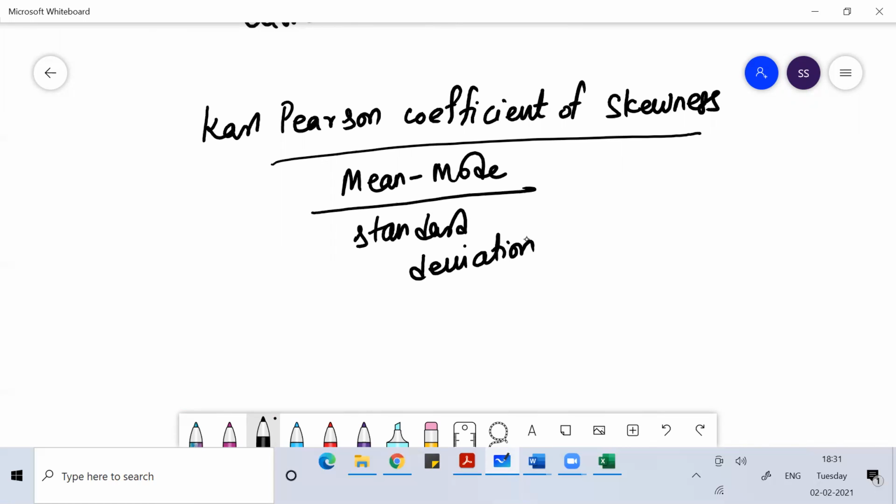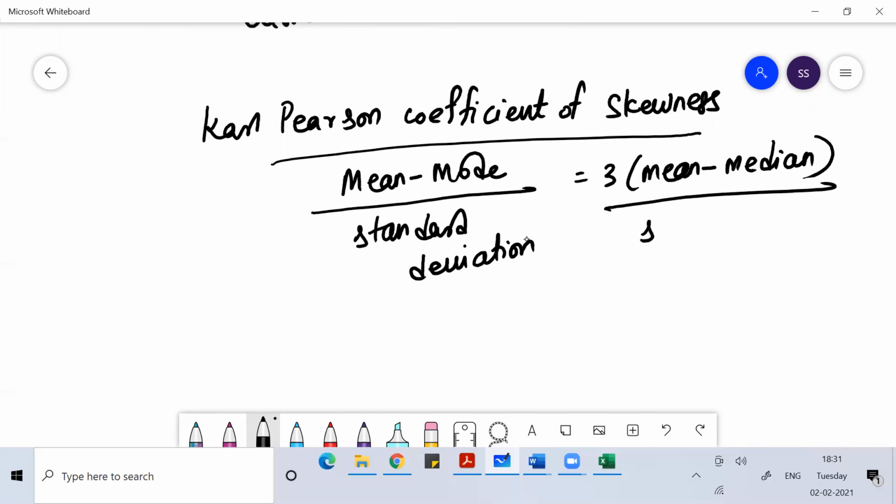Or you use the formula 3 times (mean minus median) divided by standard deviation. This is called the Karl Pearson coefficient of skewness. In place of mode, if you write 3 median minus 2 mean, ultimately you'll get this formula only.